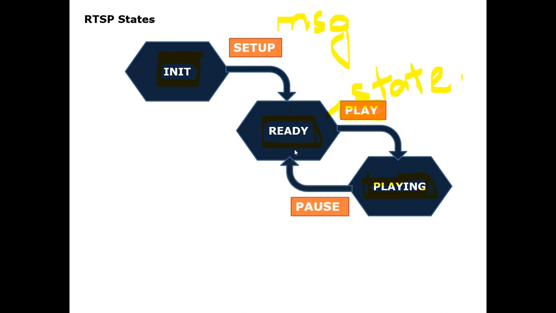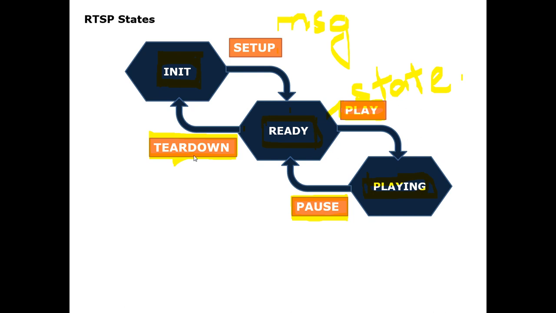In the playing state, the client can send the pause message to the server. The server will temporarily stop sending the video, so the protocol will get back to ready state. From ready state, if the client sends the teardown message, the entire video transmission session will be killed and the protocol will get back to init state.